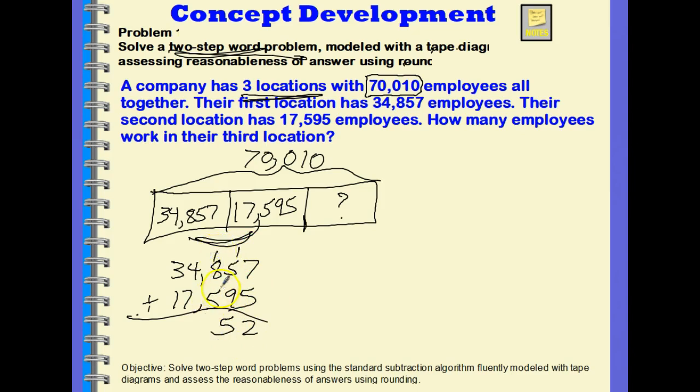Regroup the 1. 8 plus 1 is 9. 9 plus 5 is 14. 4 plus 1 is 5. Plus 7 is 12. 3 plus 1, 4. Plus 1 is 5. So that's 52,452 between those two locations. And then to find the third location, we subtract this from 70,010.